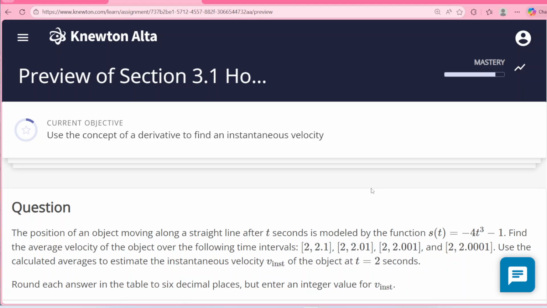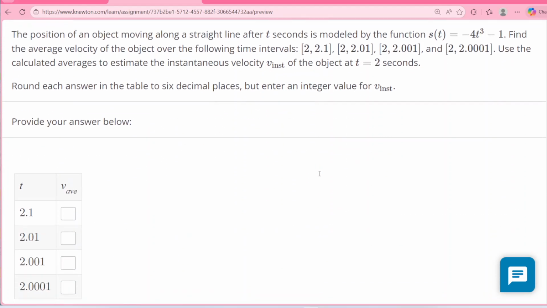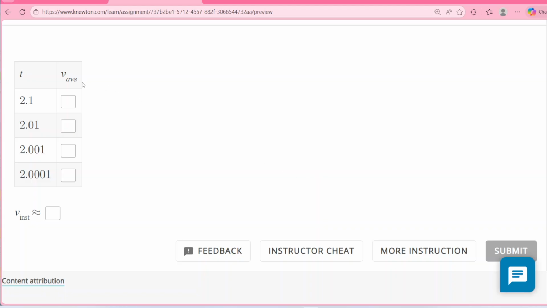Okay, so more of the same. All right, this is the only objective left. This is making a table of, remember I mentioned average velocities. These are slopes of secant lines.